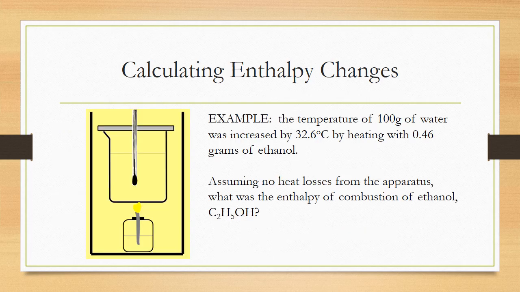So here's an example. The temperature of 100 grams of water was increased by 32.6 degrees Celsius by heating with 0.46 grams of ethanol. Assuming no heat loss from the apparatus, this is why we have these shields, it's a big assumption to make, what was the enthalpy of combustion of ethanol, C2H5OH?